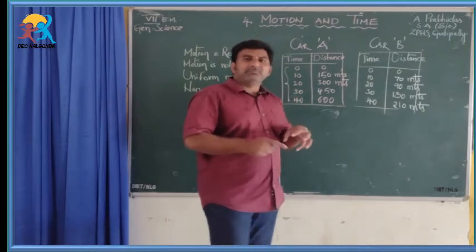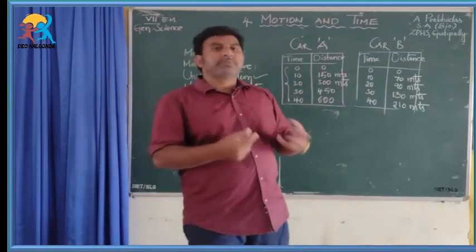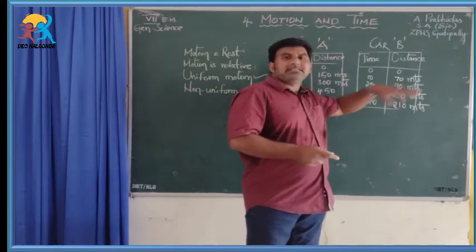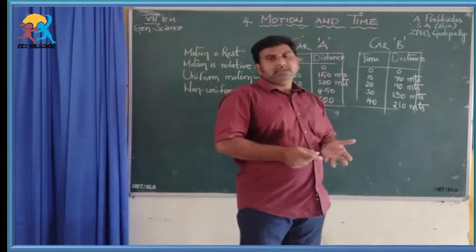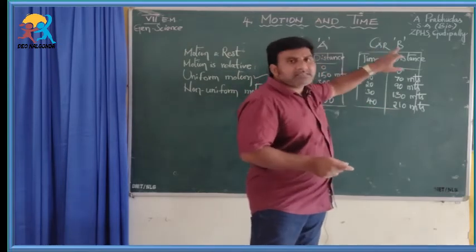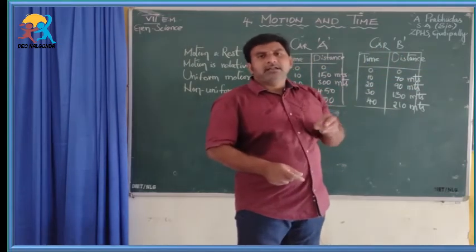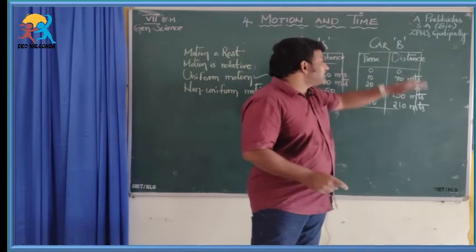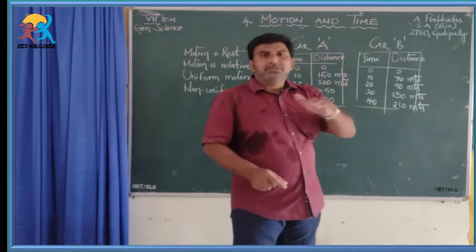So the car is moving with different speeds. So the distance travelled by the car is different. So we can call the car is travelling with non-uniform motion. The car B is travelling with non-uniform motion.